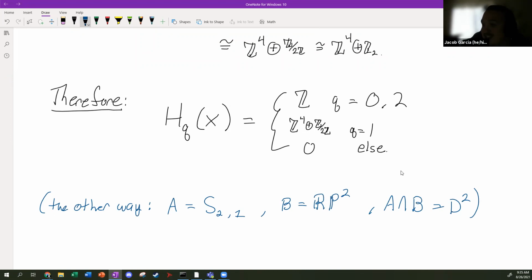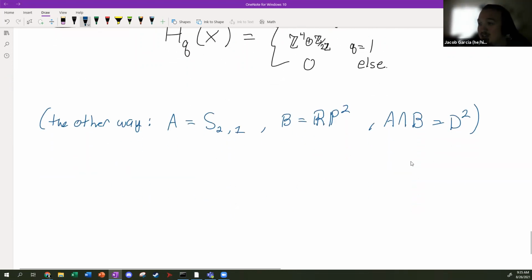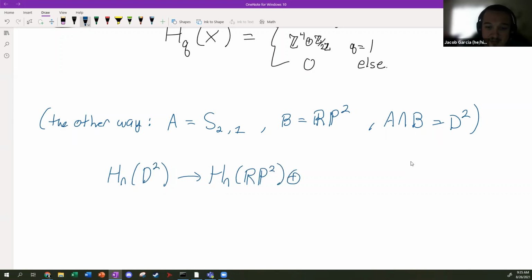And because this is a disk, this becomes nice. So what you get is that the nth homology of the disk goes to the nth homology of RP2 sum the nth homology of the 2 surface.